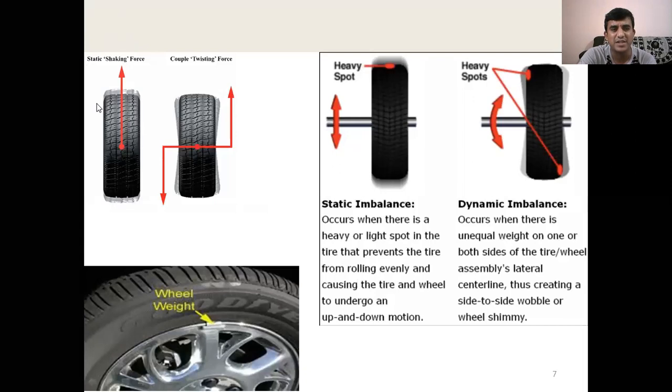That is static imbalance. If it is dynamically unbalanced, with a couple or twisting force, the wheel will go slightly tilted like this. Now when you ride vehicles, whether a two-wheeler or a four-wheeler, you can feel it, right?